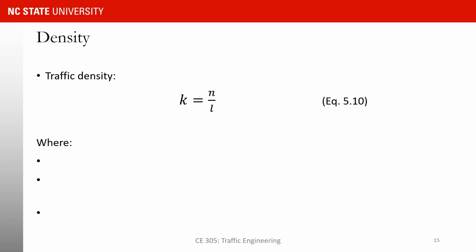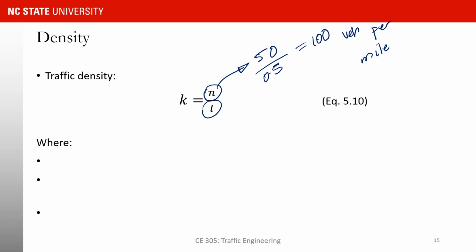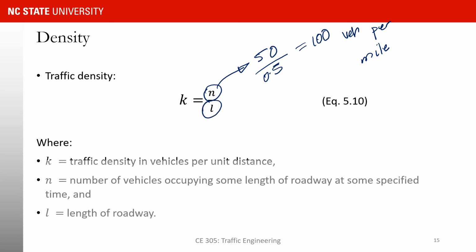So if, for example, you have 50 vehicles that are in, let's say, half a mile of a freeway, your density is 100 vehicles per mile. So the number of vehicles divided by the length. That is going to give you the density.